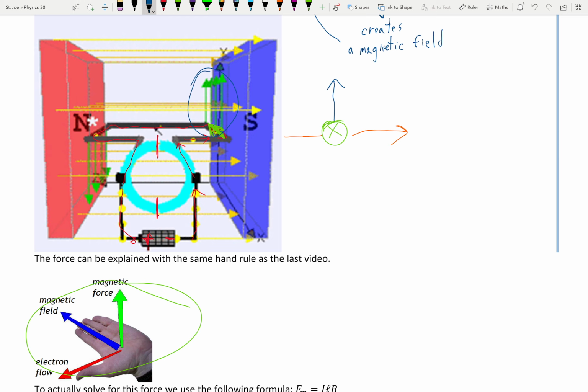Just a reminder, that's your left hand that you're showing. Your thumb is into the page, and the thumb was the electron flow. Your fingers are showing the magnetic field.